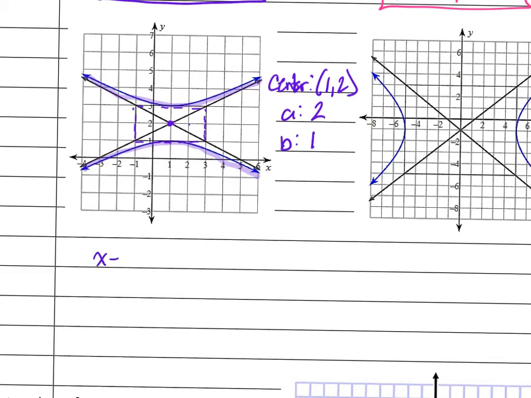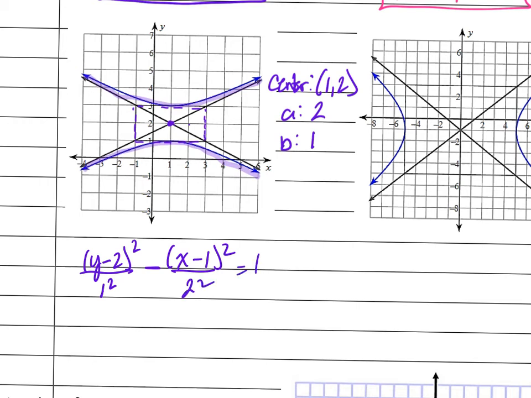So I've got x minus, it's opening up. So look, I did that wrong. I said make sure that you're doing it the right way. So it's opening up, so y needs to come first. So I've got y minus 2 squared all over b, so that's 1 squared, minus x minus 1 squared all over 2 squared equals 1.